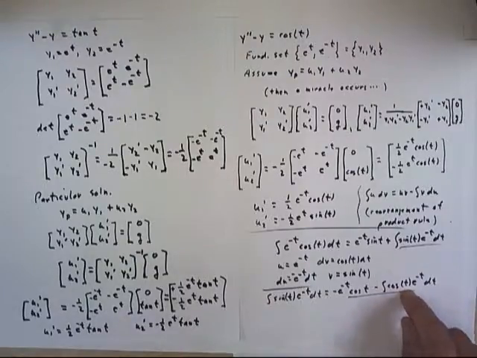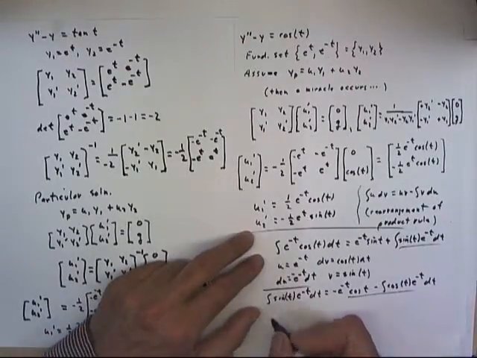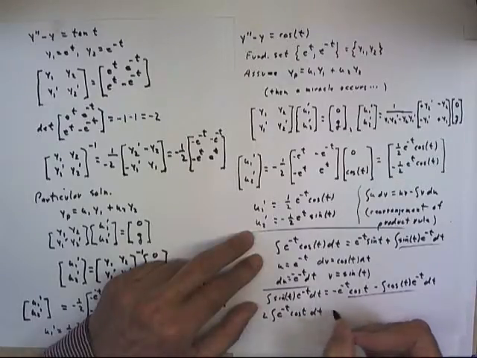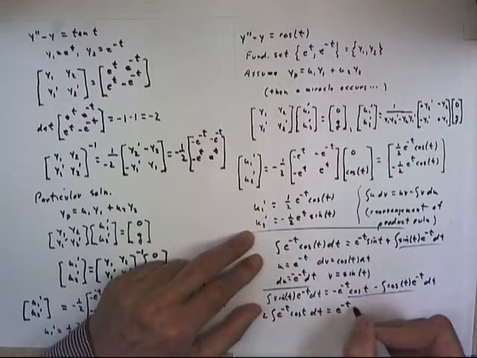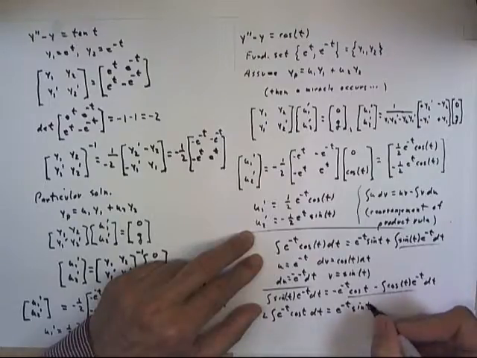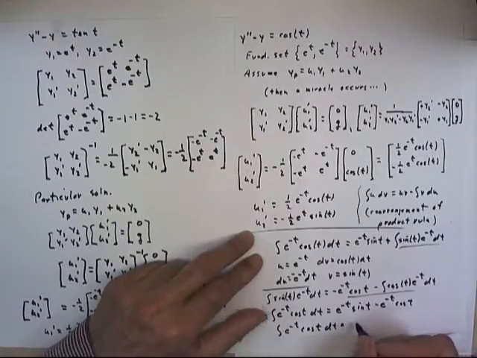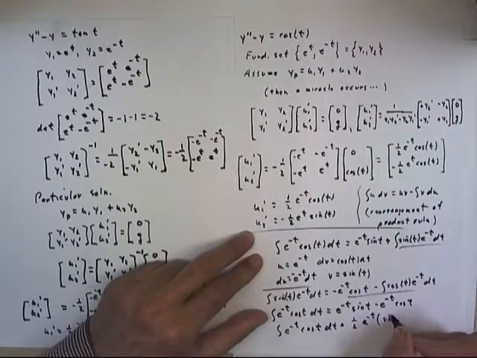And adding that term to both sides, we're going to end up with 2 times the integral of e to the negative t cosine t dt equals e to the negative t sine t minus e to the negative t cosine t, so that the integral of e to the negative t cosine t dt is 1/2 e to the negative t multiplied by sine t minus cosine t.